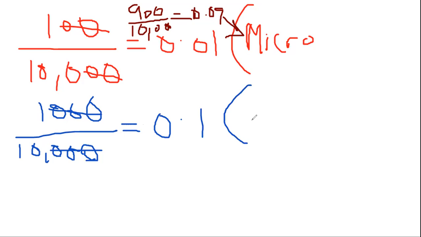So this will give you a mini lot size. A mini lot size is a lot size that ranges from $1,000 to $9,000. At $9,000, you are also having 0.1. And it is a mini lot size.